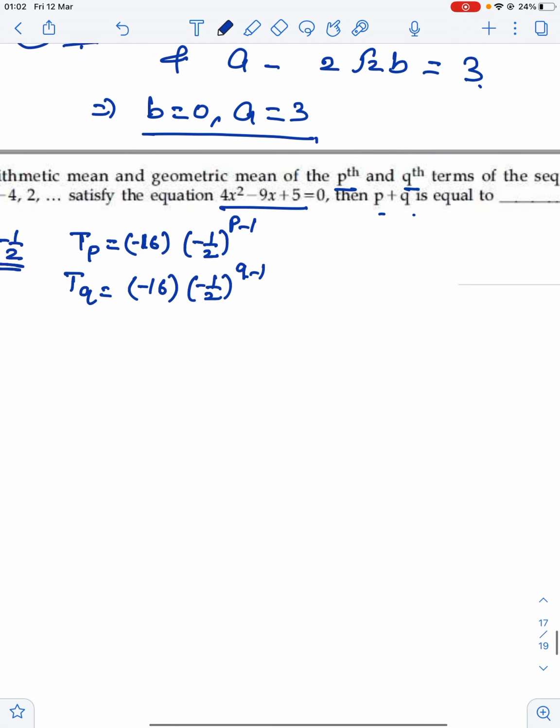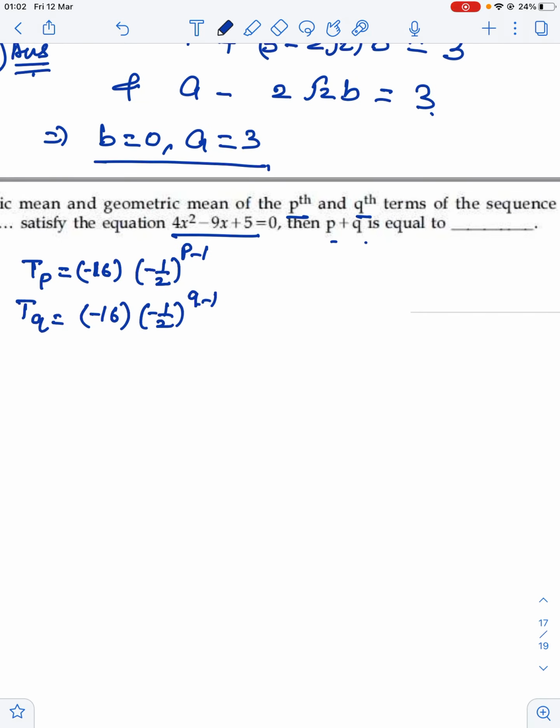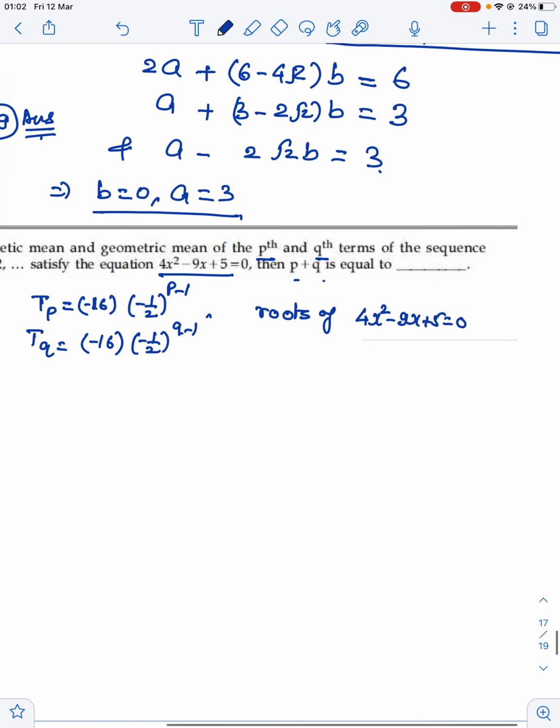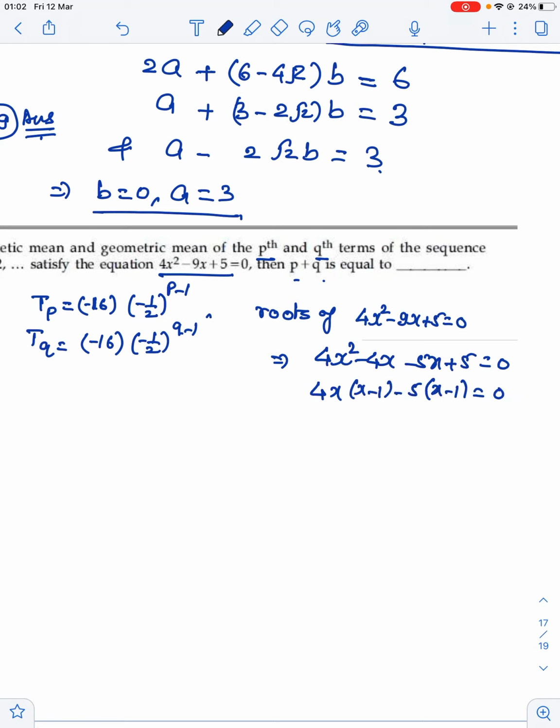Now the arithmetic mean and geometric mean are satisfied by this, so they are the roots of 4x square minus 9x plus 5 equal to 0. So this is 4x square minus 4x minus 5x plus 5 equal to 0. 4x common, x minus 1, minus 5 common, x minus 1 equal to 0. So the two roots are x equal to 1 and x equal to 5 by 4.